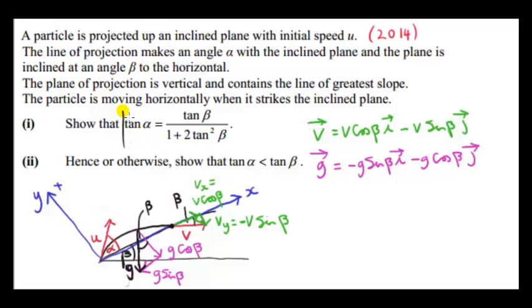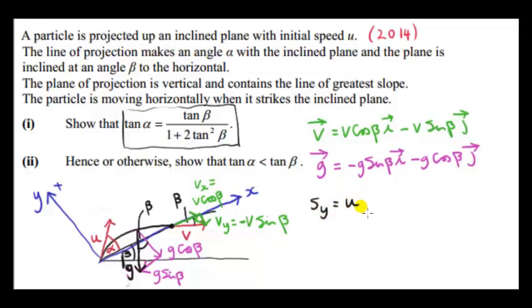So we want to prove this relationship between angles alpha and beta. So we exploit the fact that we're interested in what happens here at this point. The y coordinate of this point is 0, or we could say the sy coordinate is 0.